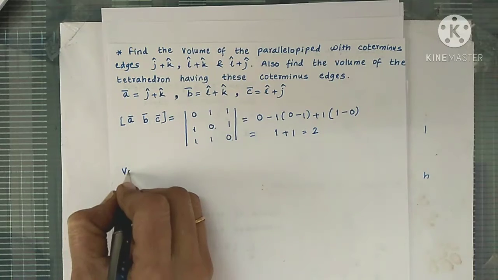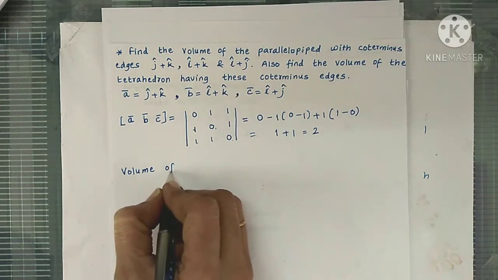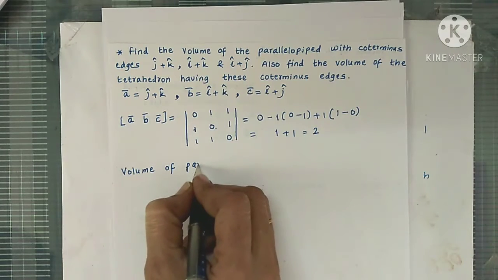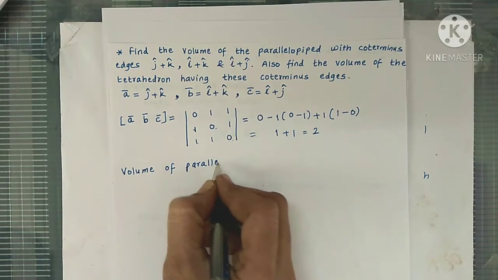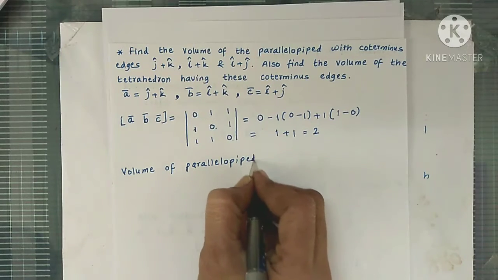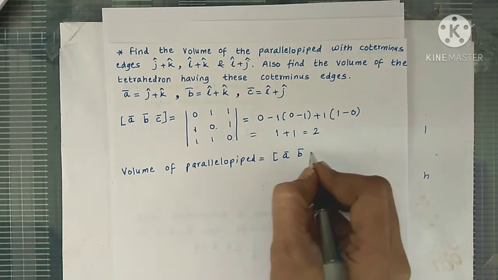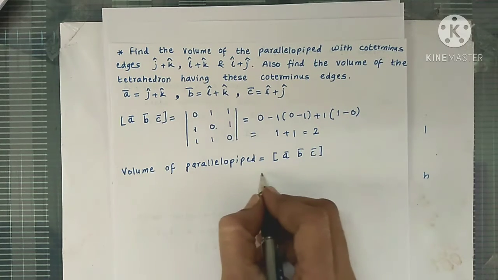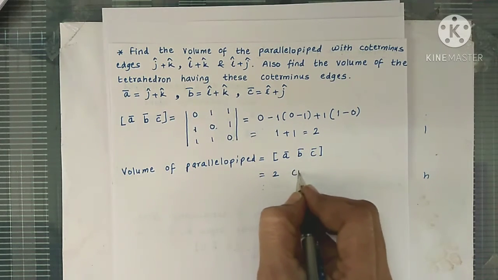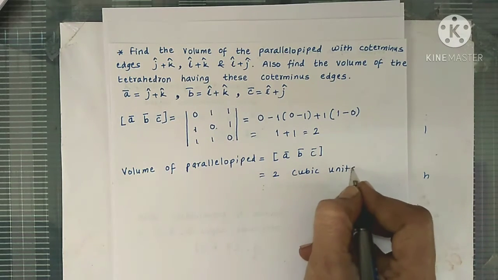By the result, the volume of the parallelepiped equals the scalar triple product [a bar, b bar, c bar], and the scalar triple product is 2. So the volume of the parallelepiped is 2 cubic units.